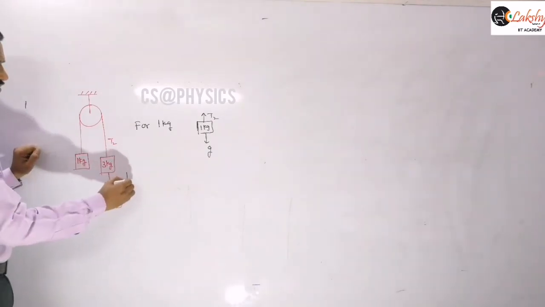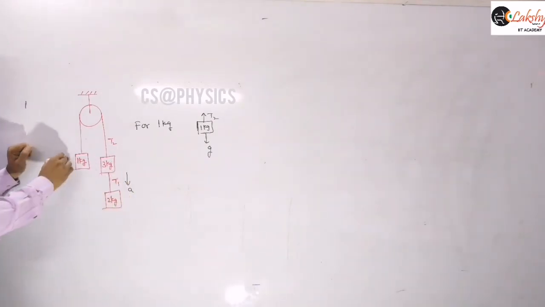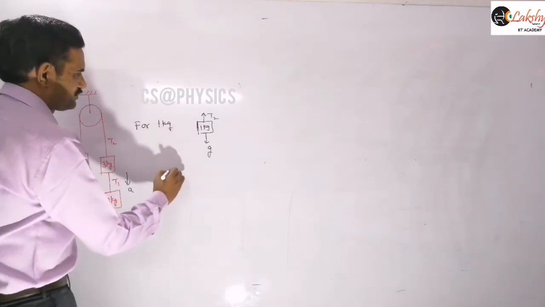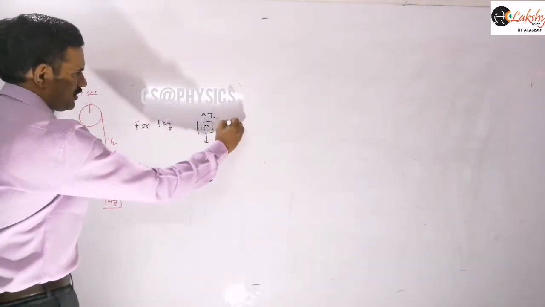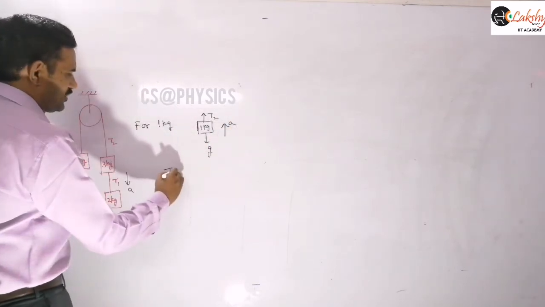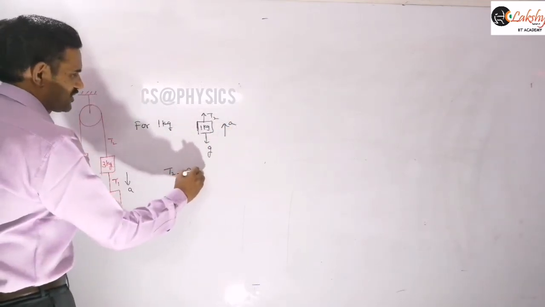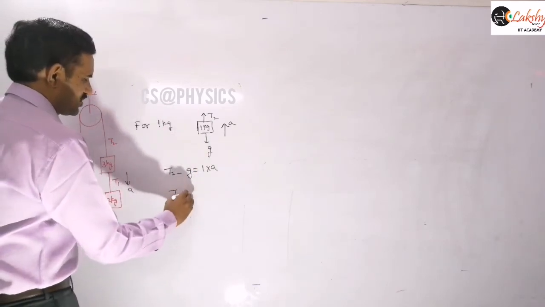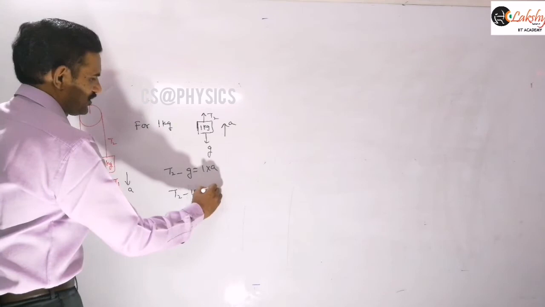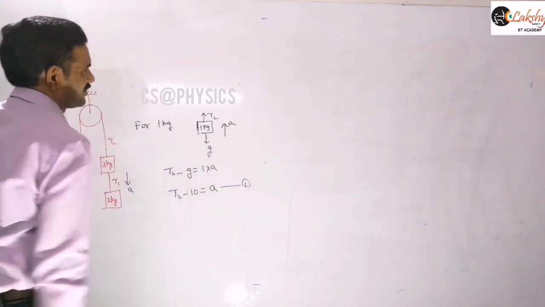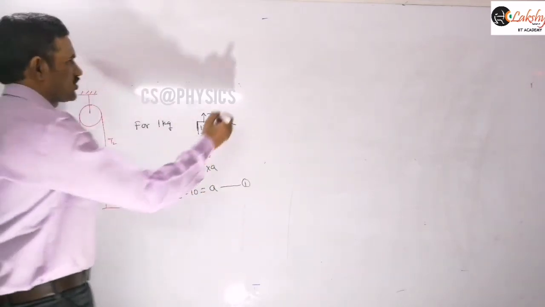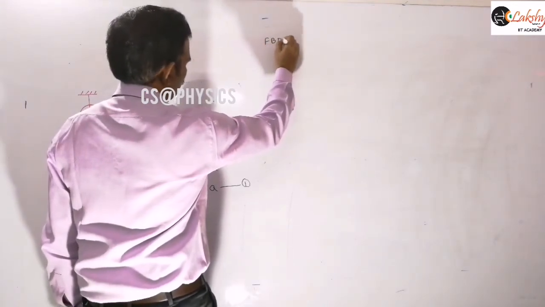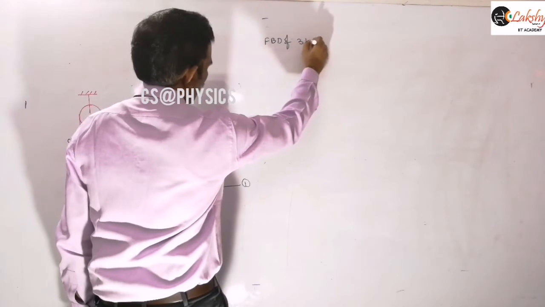You can clearly observe that this side will accelerate down and this block will rise up with acceleration A. Therefore T2 minus G is equal to 1 into A. G I am taking as 10, so T2 minus 10 is equal to A. Suppose this is equation 1. Now let us take the FBD of the 3 kg.